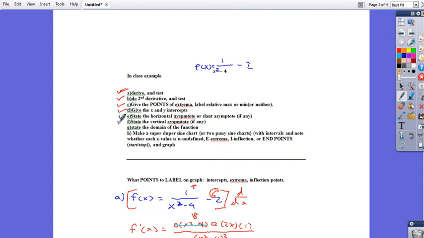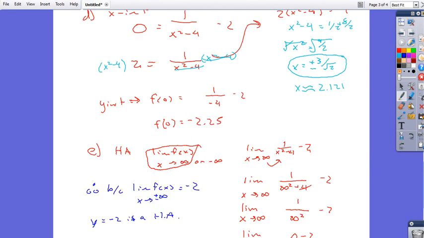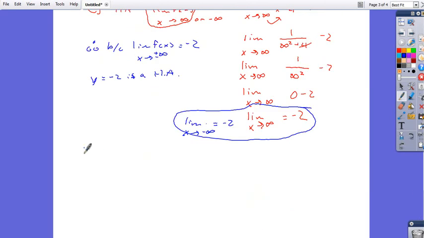Alright, E, F, vertical asymptotes. The vertical asymptote definition is where the limit of f of x as x approaches a number equals a number over 0, which is basically a domain restriction.